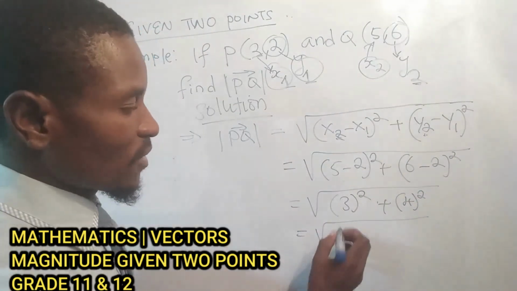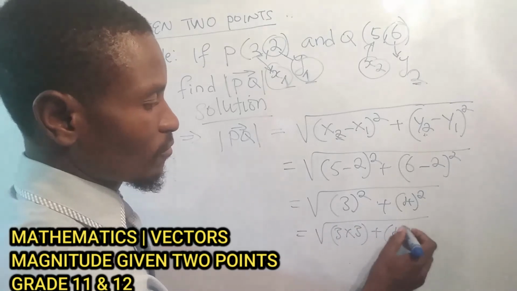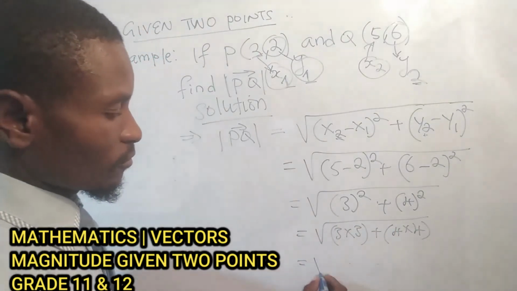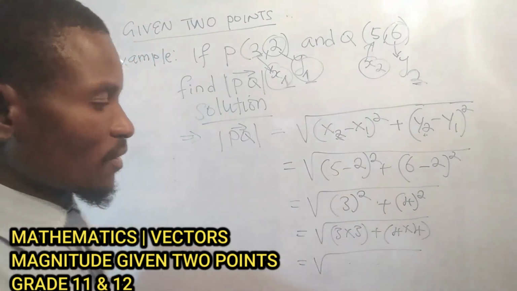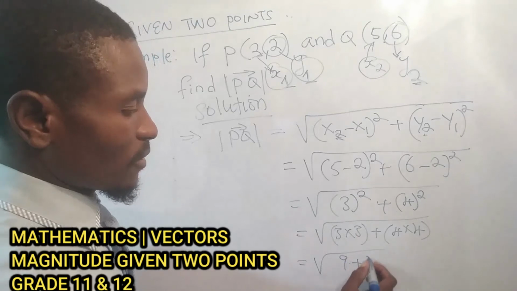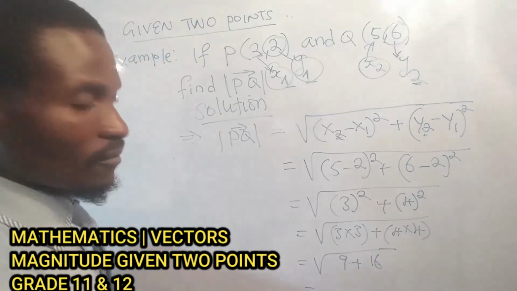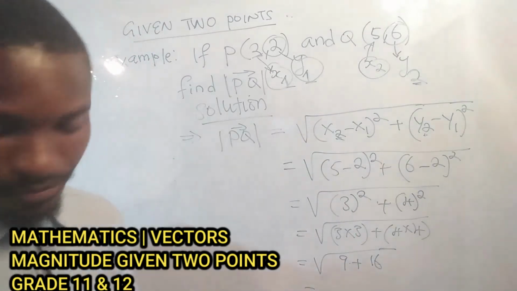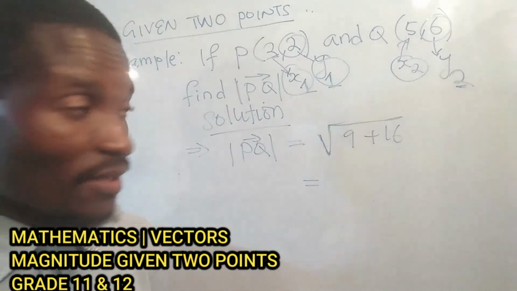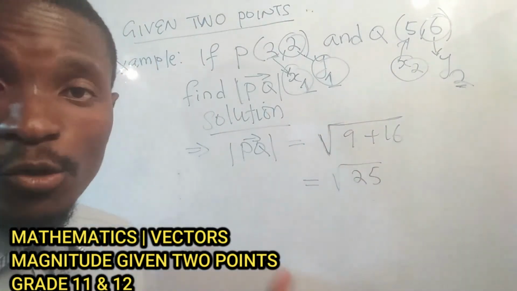This means that 3 times 3 is going to be 9, plus 16. So now that is 9 plus 16, and then we get the square root of 25.